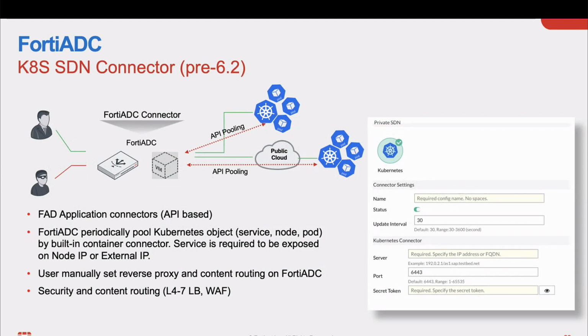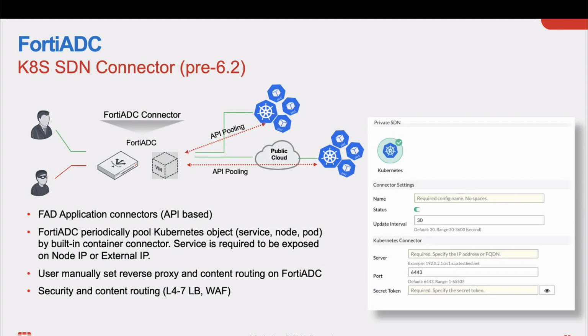Once the service information is pulled, the user will manually go onto the FortiADC and create virtual server objects, because when traffic is accessed from the outside, it will hit the virtual server, and whatever the load balancing method you choose, say round robin or weighted round robin, will be applied there. So the user has to manually set all of this content routing, the virtual servers.